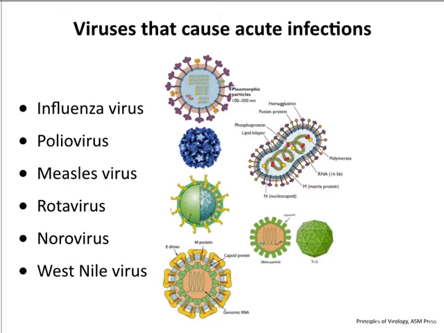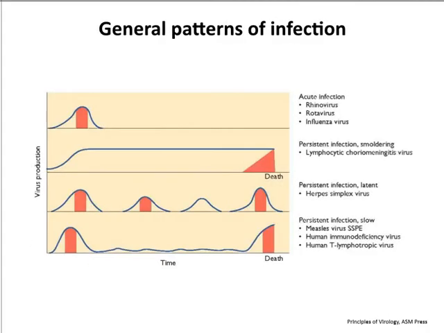Yes? But in the case of an acute infection, symptoms don't show up until after the infection is over, right? No. The question is, in an acute infection, isn't it the case that symptoms don't show up until the infection is over? No, they actually show up during the infection. If you look at that very first slide, the red bar is symptoms. So as virus is peaking, symptoms are peaking.